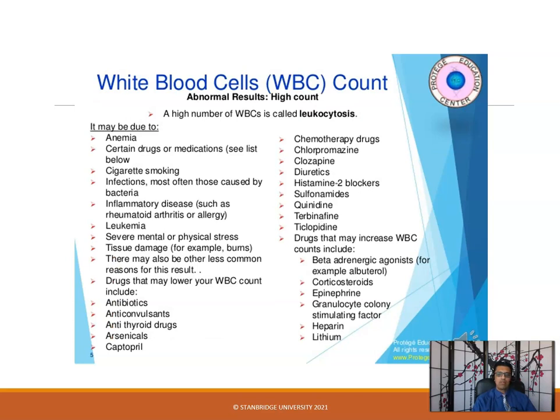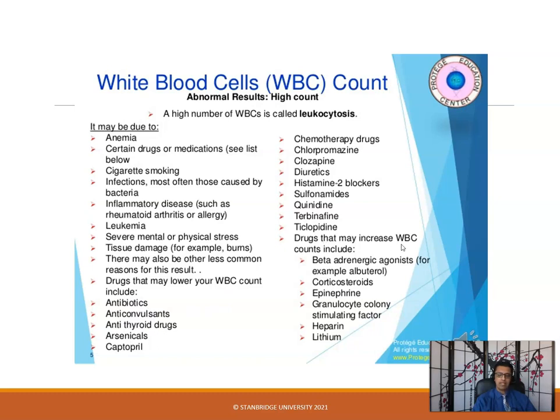What about if you have a high count of white blood cells? A high number of white blood cells is called leukocytosis, and that might be due to anemia, cigarette smoking, infections, leukemia. Drugs that might lower your white blood cell count include antibiotics, anticonvulsants, antithyroid.